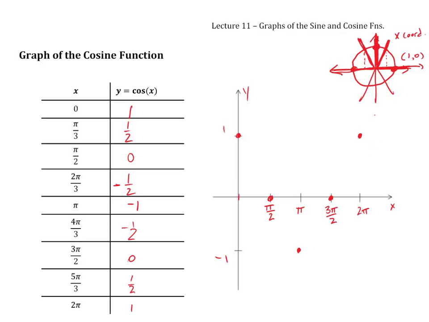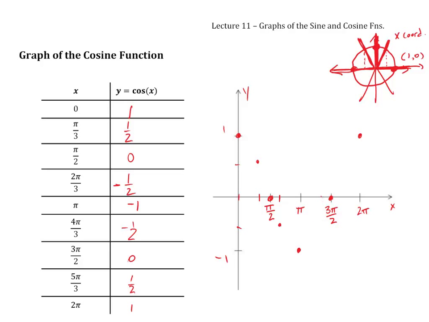Now, pi over 3 is 1/3 of the way to pi, so it's 2/3 of the way to pi over 2, and it has a value of +1/2. If I go right here, which happens to be 2 pi over 3, it's -1/2, right there.